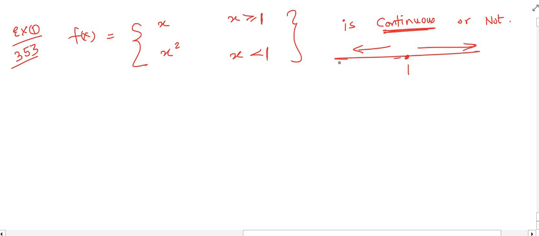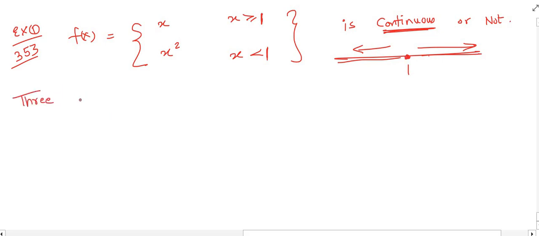It can have any number before 1 also, after 1 also and at 1 also. If function is continuous at all the points, then we can say it is continuous. If we are able to find even one point where it is discontinuous, then we will declare that function is discontinuous.